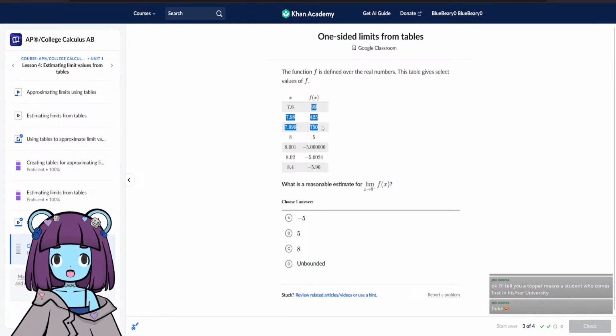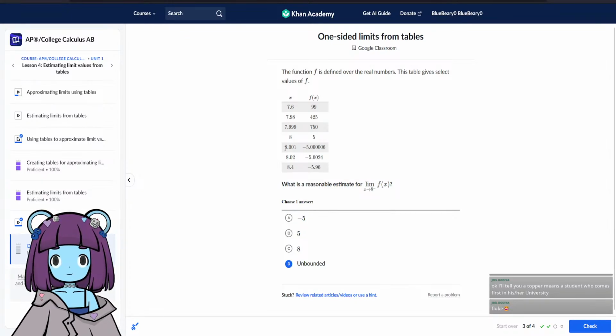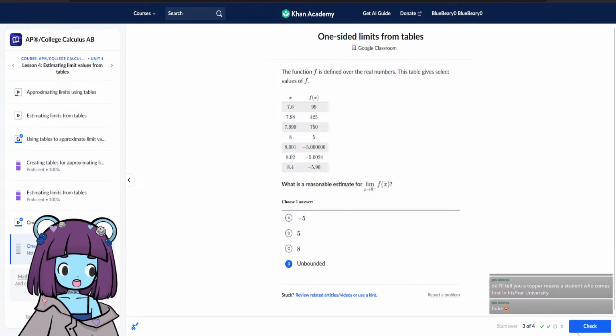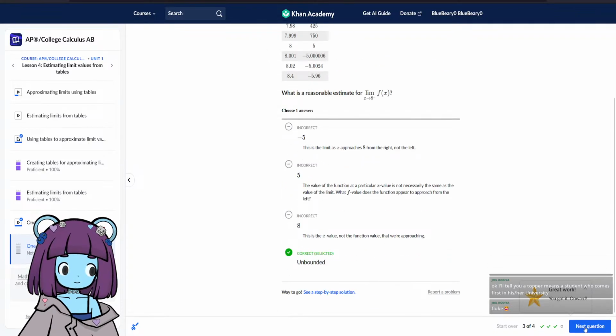Whoa, it increases a lot, so I would say it's unbounded because it goes from 99 to 425 and 750. And also, like they said, you shouldn't look at the right side, but it also just jumps. So I would say unbounded.